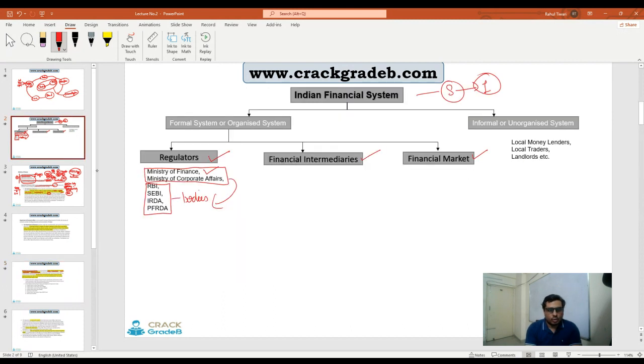So if we go here, all the financial intermediaries: banking, insurance, non-banking companies, and the financial market, which is generally divided into capital market and money market. Just giving an example, I'll give you the proper figure later, but just for your understanding, money market. So all these things.